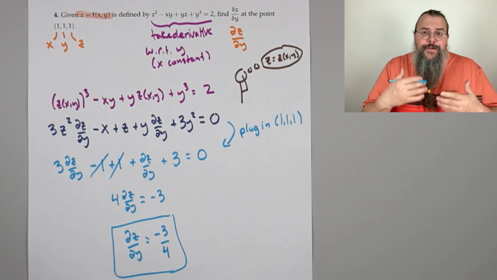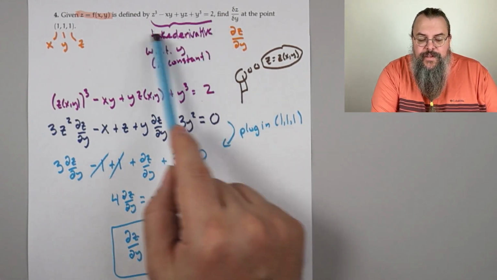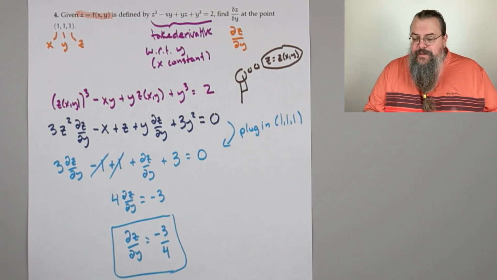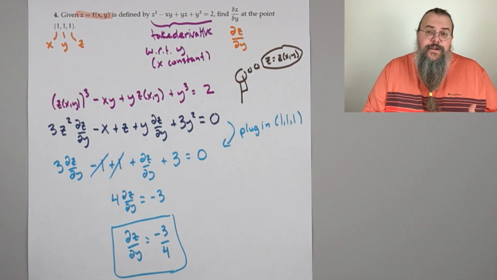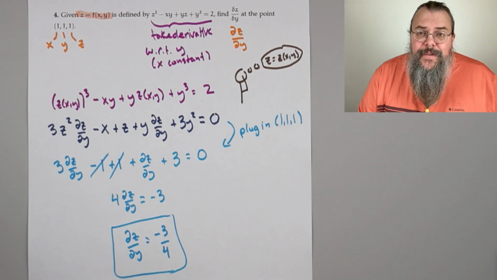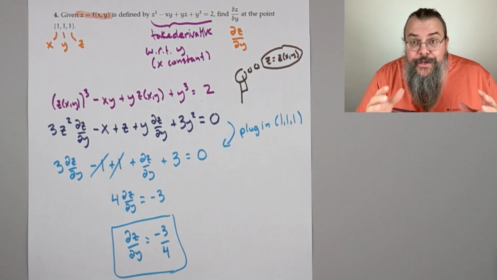Now you might say, wait, you said there were other things you could do. Well, there's rules. For example, if you think of this as f of x, y, z, if you take the right partial derivatives and divide, you'll get the right answer. But that requires you memorizing stuff, and that's dangerous. You're young. I'm old.